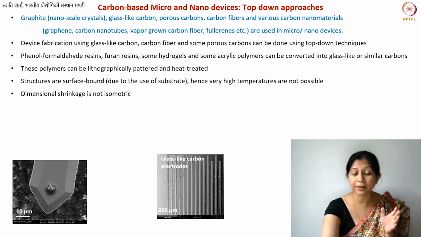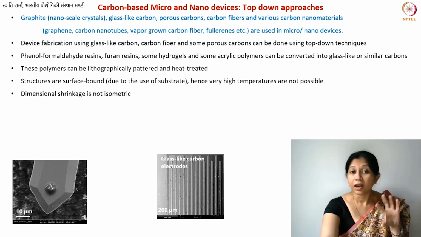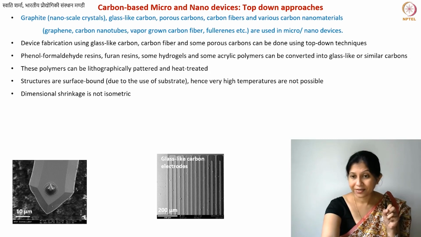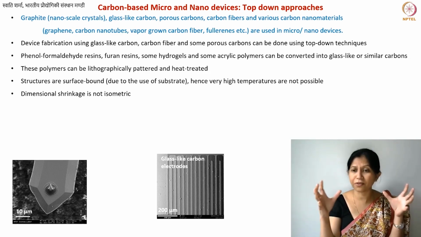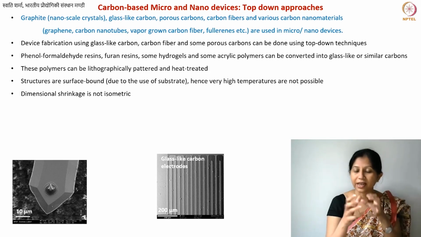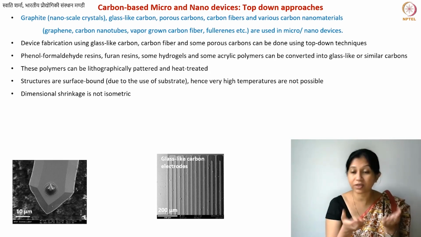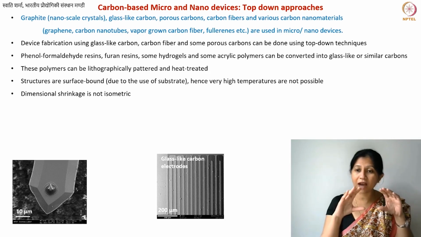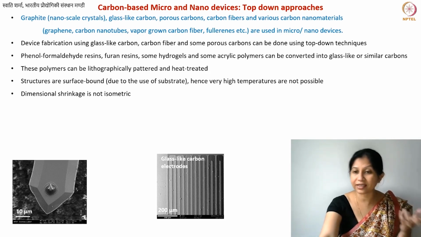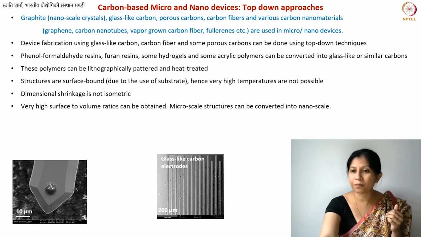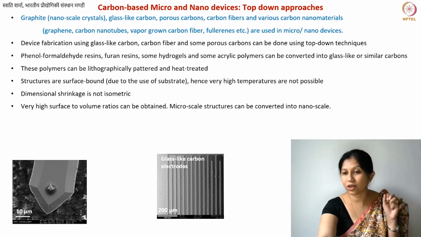Another problem is that you also have non-isometric shrinkage. What does that mean? Typically, if you have a freestanding structure, it will shrink from all sides. But in the case of surface-bound structures, one side does not shrink as well as the other sides. We had discussed this in the past anyway. So these are the challenges that you have to think of.